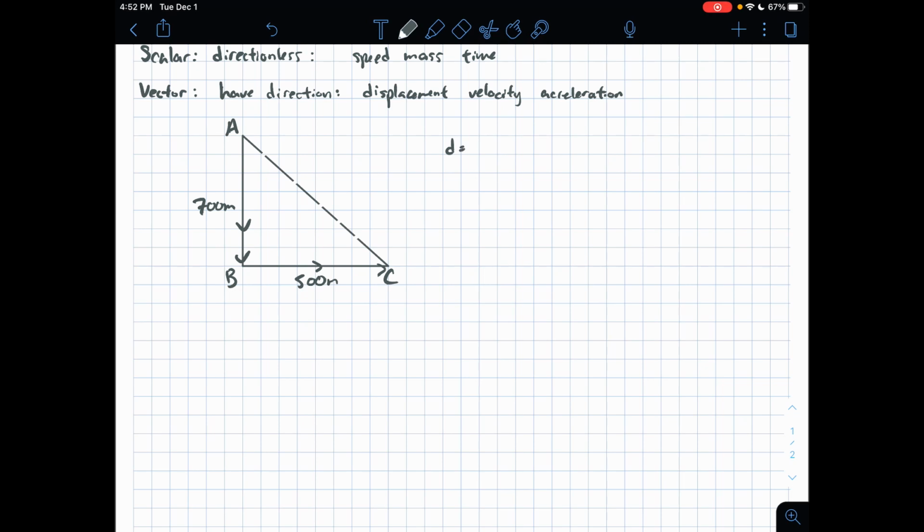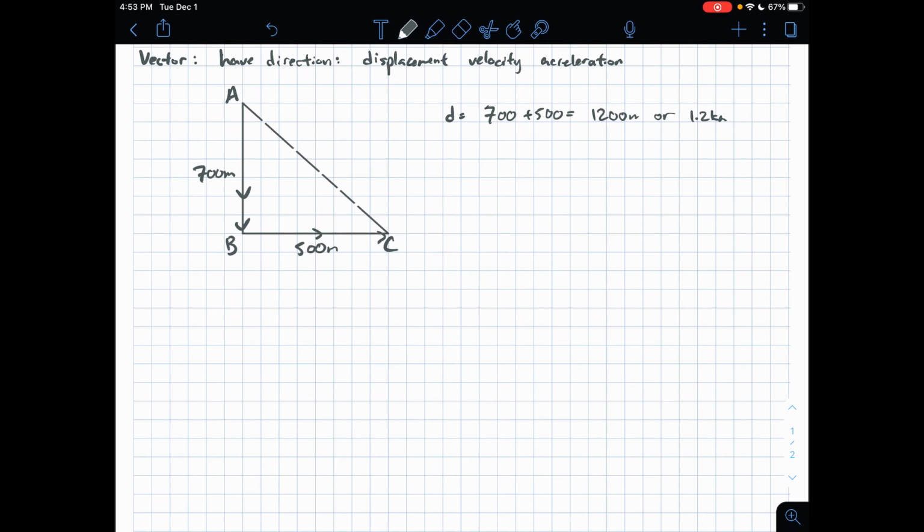So your resulting distance should be 700 meters plus 500 meters equals 1200 meters or 1.2 kilometers. Okay, so that's pretty easy.